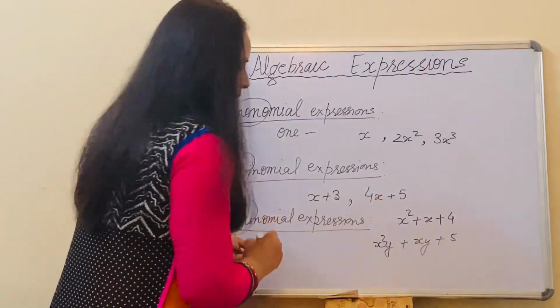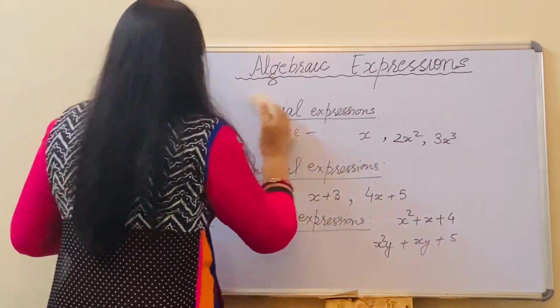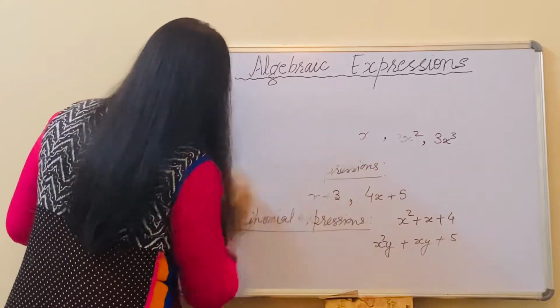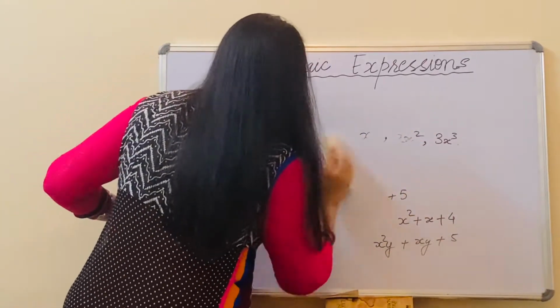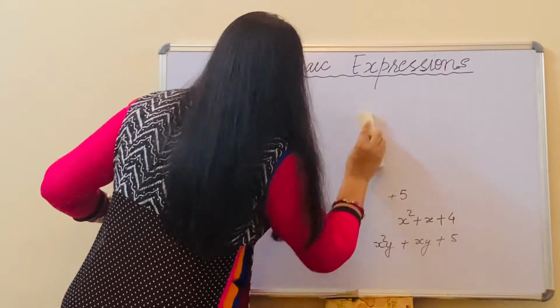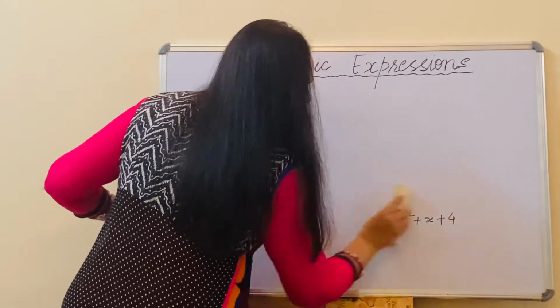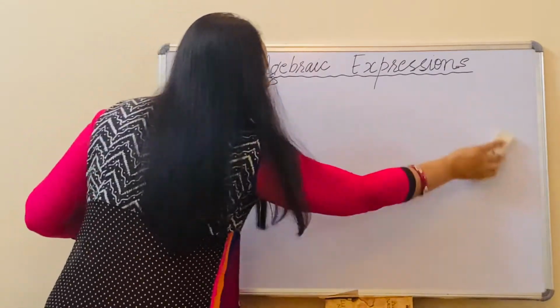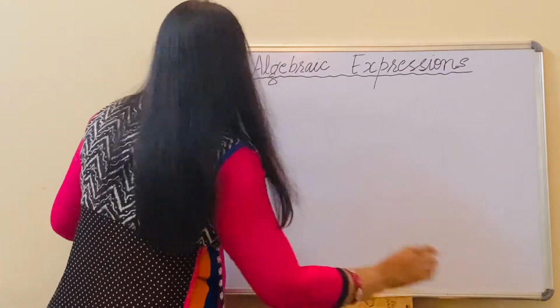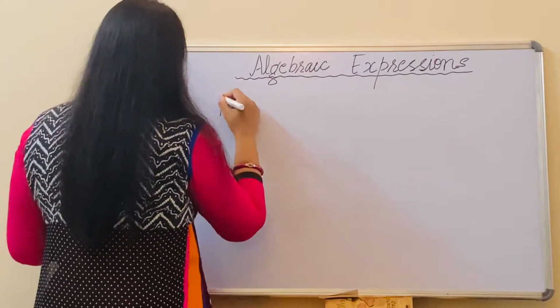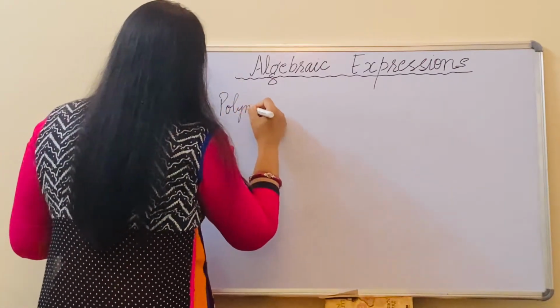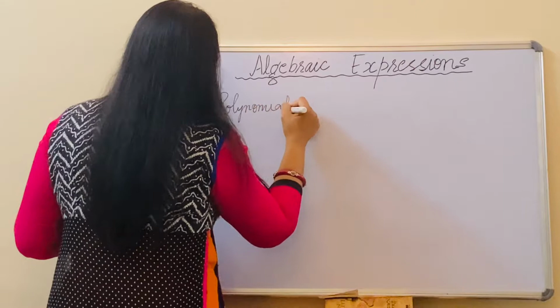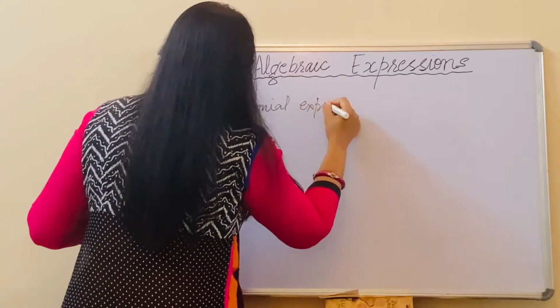Now the last one is polynomial expressions. This is the most important one. Polynomial, as the name suggests, means having two or more terms in that algebraic expression, and it is known as a polynomial expression.